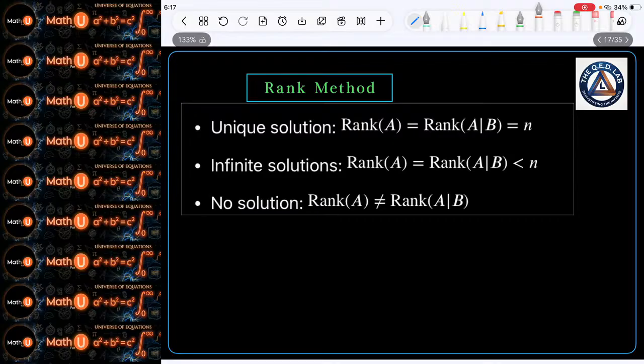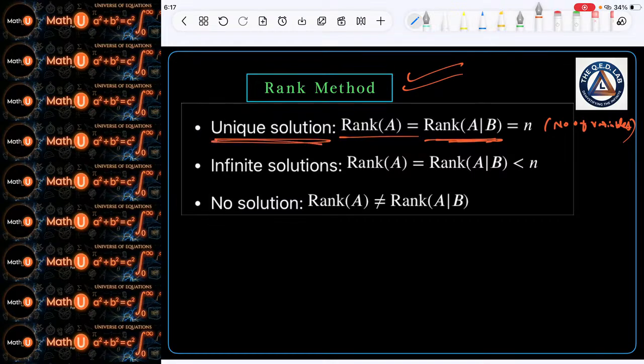Okay, and there is one more method, the rank method. You can apply it if you want. If rank of A is equal to rank of augmented matrix, that is equal to n, where n is the number of variables, then it is a unique solution.